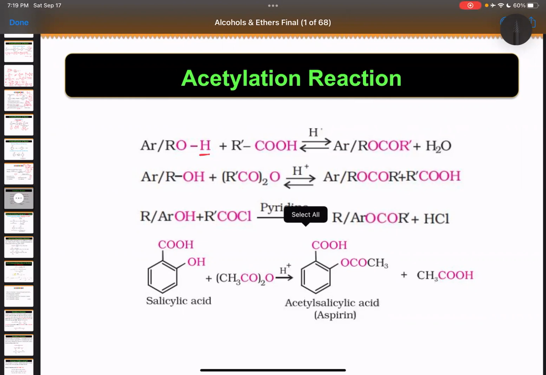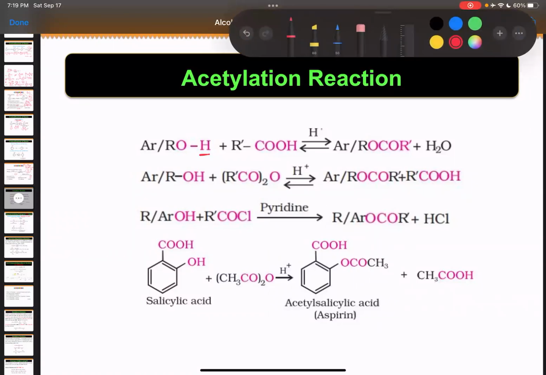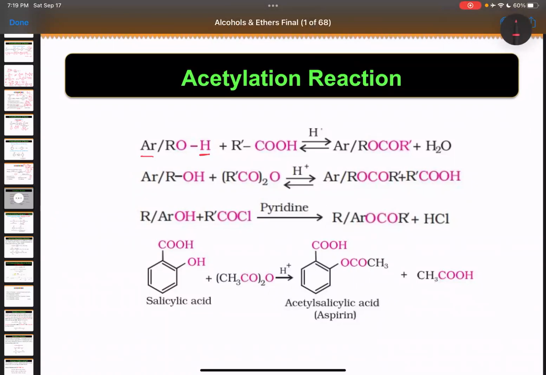This is a very important reaction, though very simple. Yes, sir. It can be any aromatic alcohol like phenol, not necessarily aliphatic, or it can be an aliphatic alcohol. The H will be replaced by the OCOCH3 acetyl group.